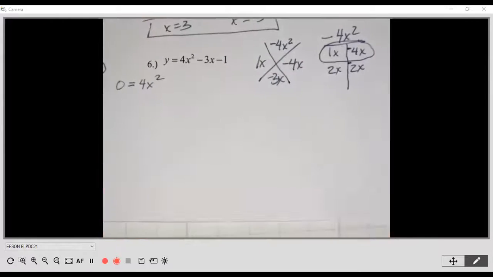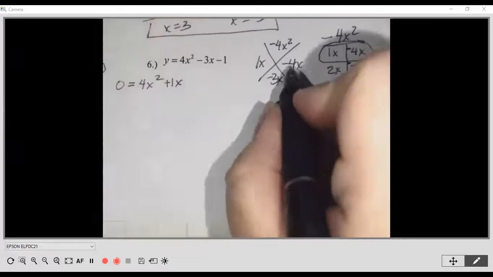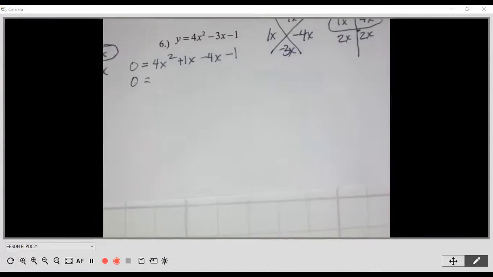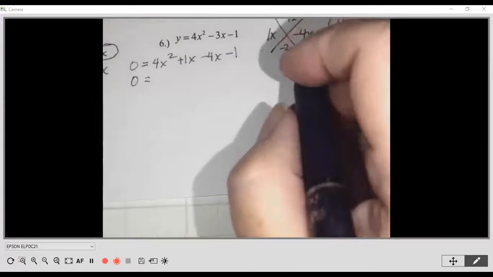So then we break that apart. 0 equals 4x squared plus 1x minus 4x minus 1. And then we factor by grouping. So then our first group, 4x squared and x, they have a GCF of just x. 4x squared divided by x is 4x.